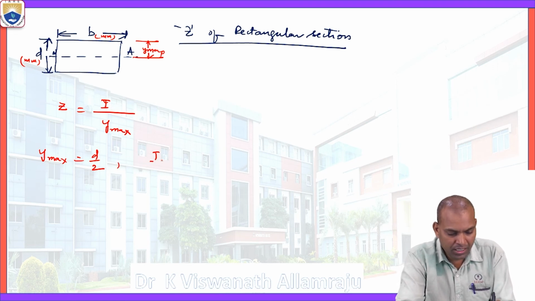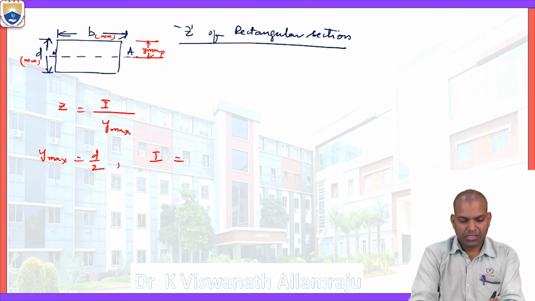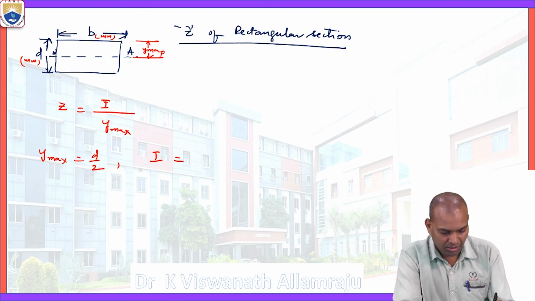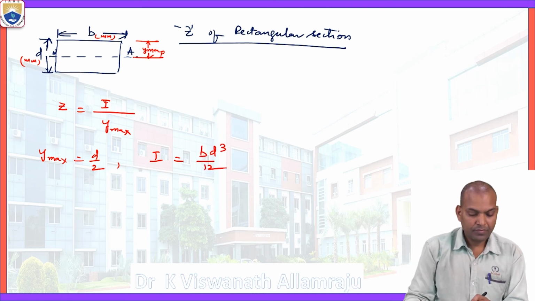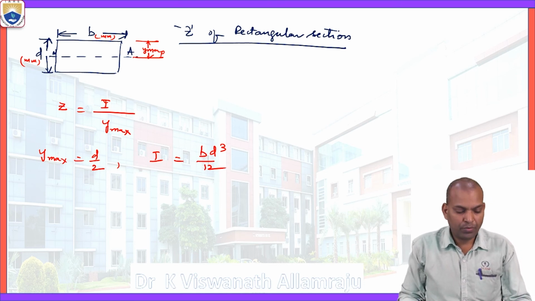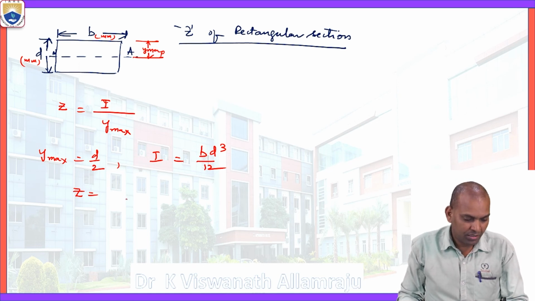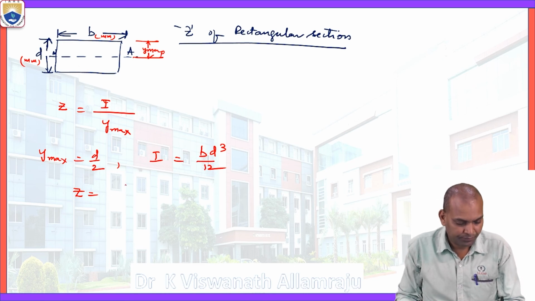What about the area moment of inertia about the neutral axis, or parallel to the x-axis? That is B d cube by 12. Substitute the I and Y values in the formula of section modulus. Then we can see the section modulus of a rectangular section.